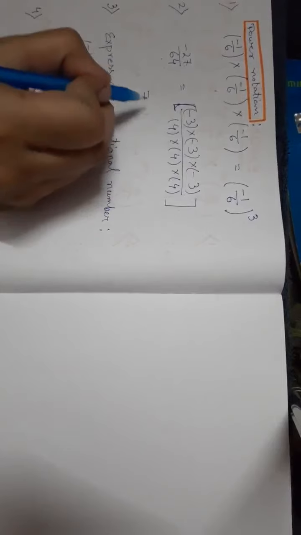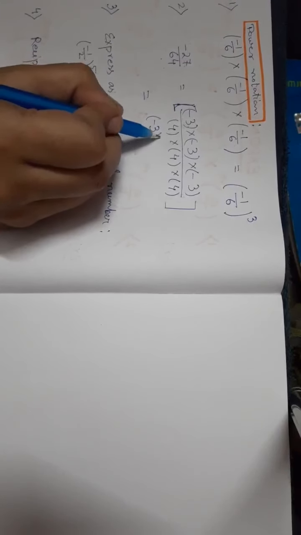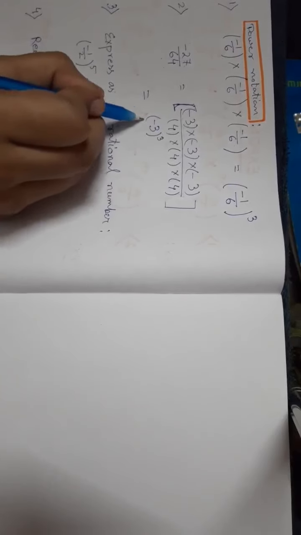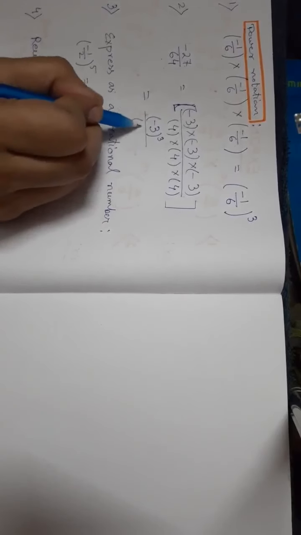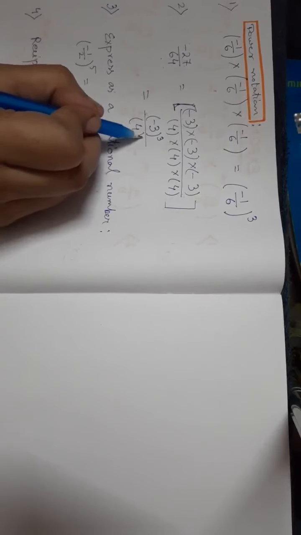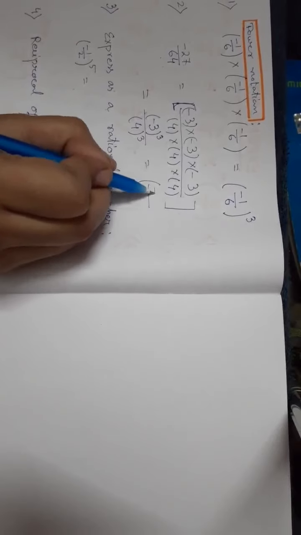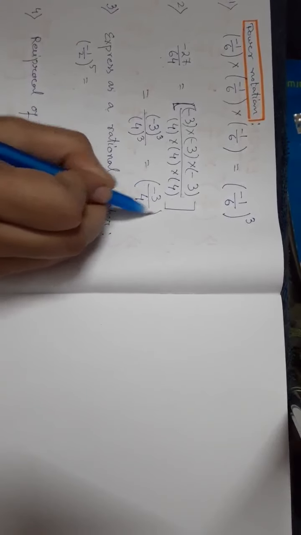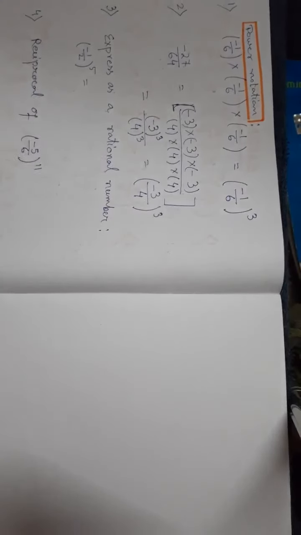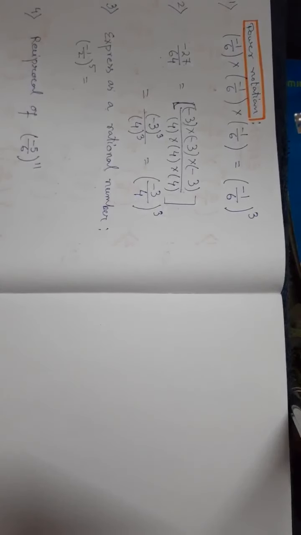So we can write the numerator as minus 3 raised to the power 3, and in the denominator 4 raised to the power 3, or you can write it this way: minus 3 by 4 raised to the power 3. This is the power notation form.